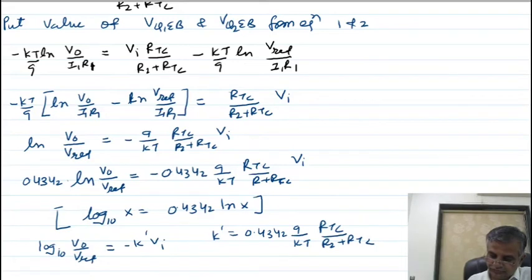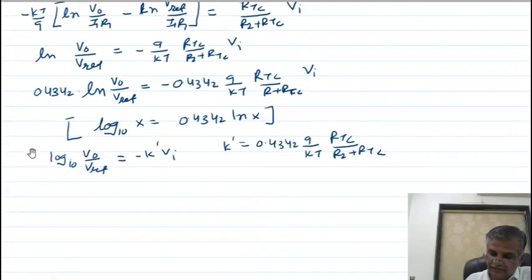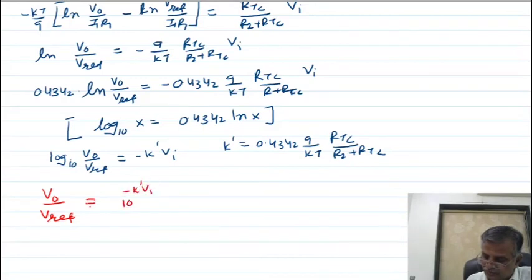So now if you take the anti-log, Vo upon V reference is equal to 10 raised to minus K dash into Vi.